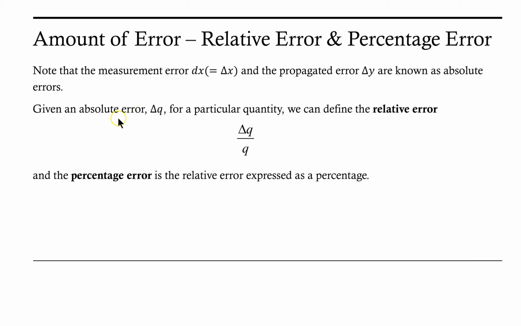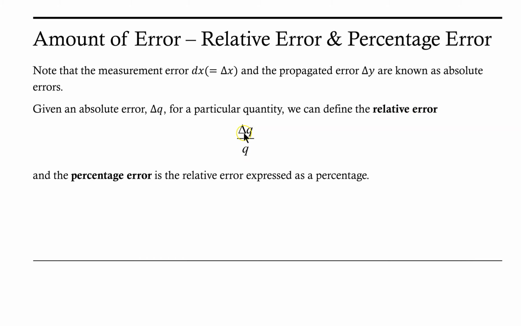Now, for any absolute error, delta q, for a particular quantity, we can find its relative error. So, for example, we could consider the propagated error in area compared to the true area, and that would be relative error.